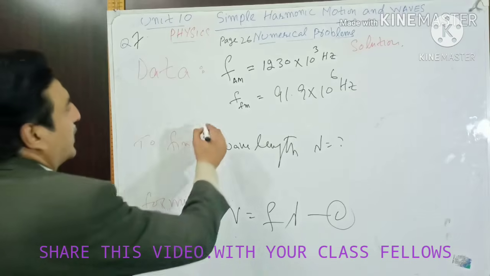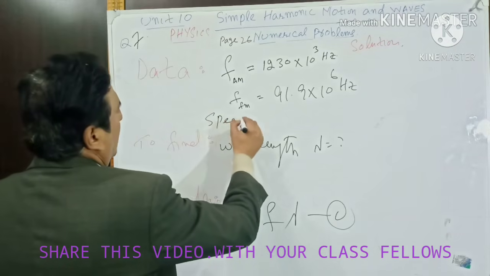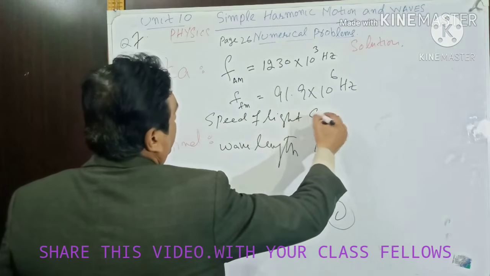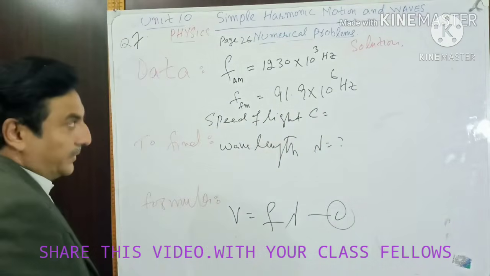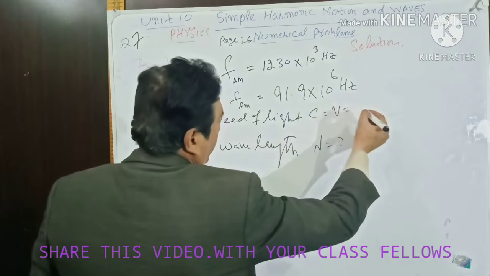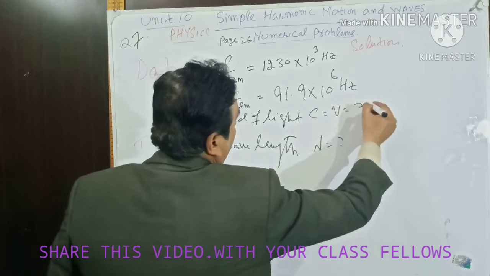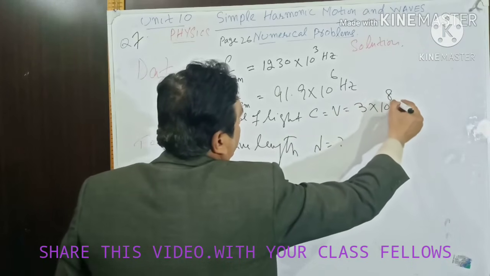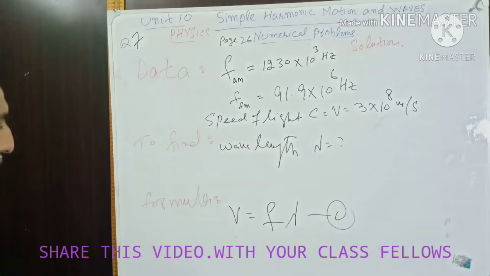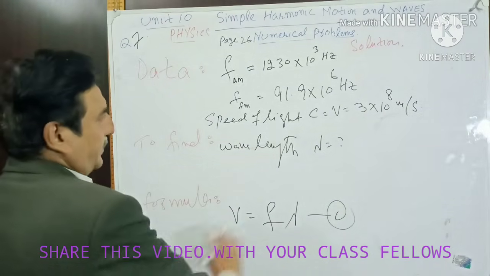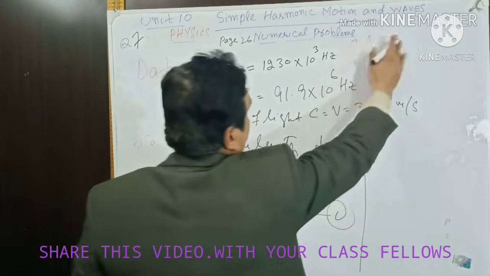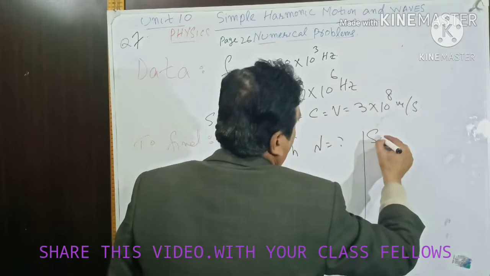Speed of light is denoted by c or v, and it is 3 multiplied by 10 raised to the power 8 meter per second. Now we have to find wavelength, so we start the solution.